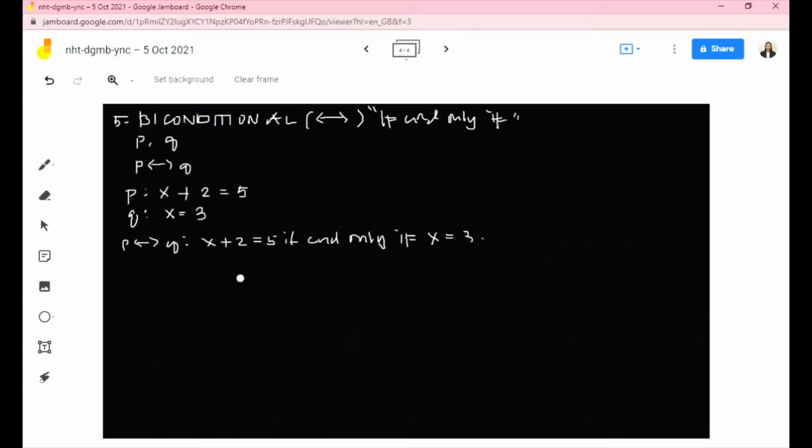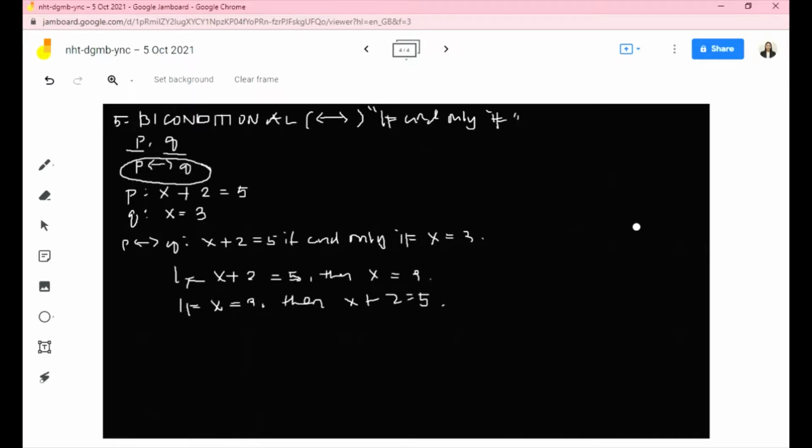This means that if x plus 2 is equal to 5, then x is equal to 3. And it is also true that if x is equal to 3, then x plus 2 is equal to 5. For a biconditional statement, both of your propositions P and Q should have the same truth values for P if and only if Q to be true.